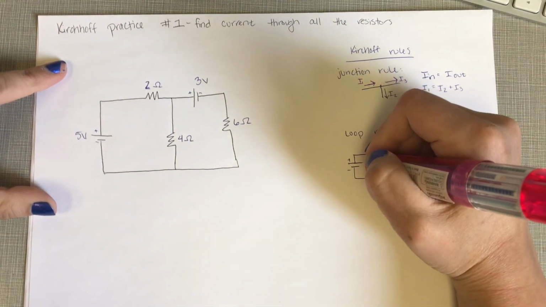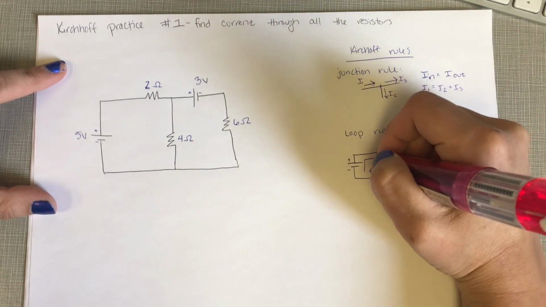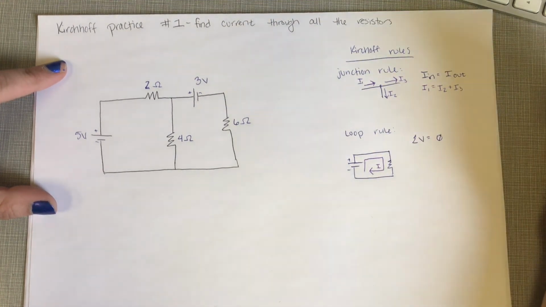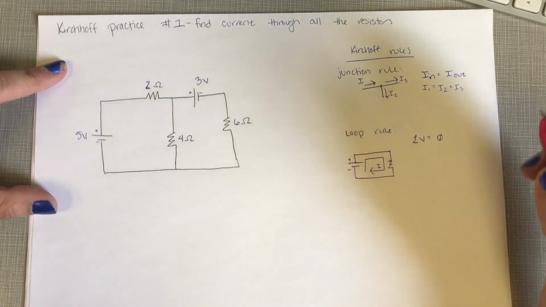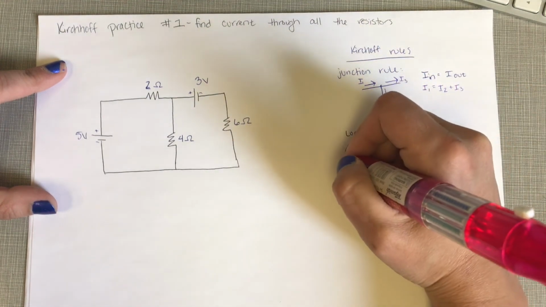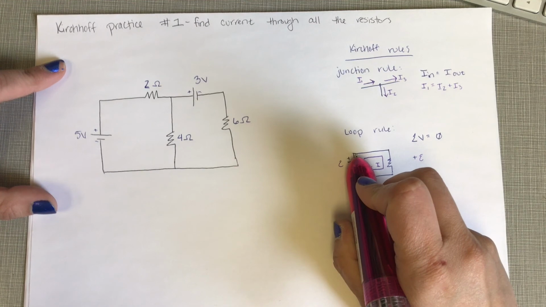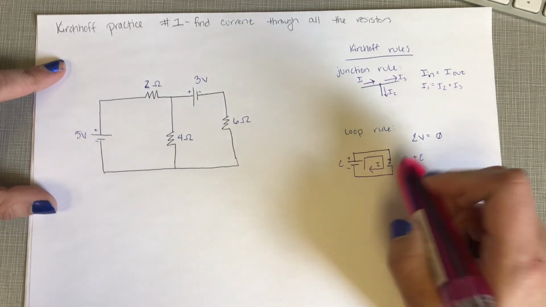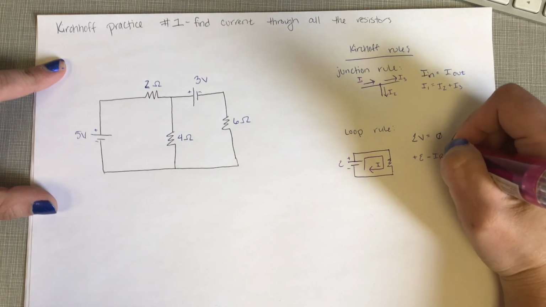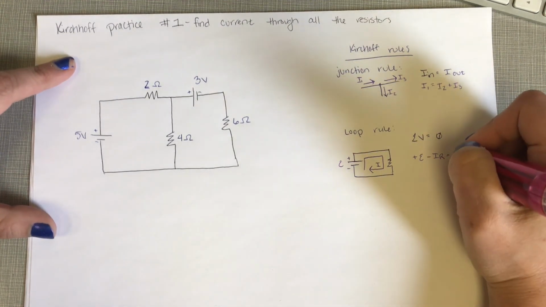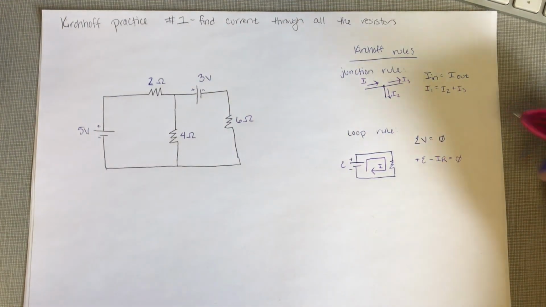So if we assume that our current goes this way, and I follow that current, I go through this loop, I get plus my EMF, come down, and I lose current times resistance, and that's equal to 0. So loop rule is what usually trips people up.